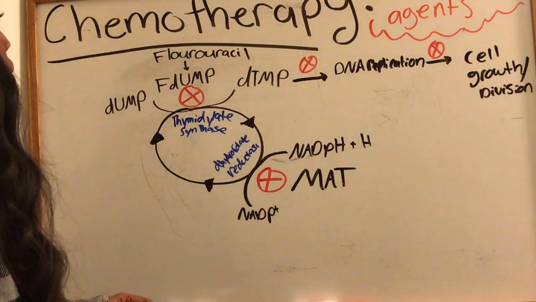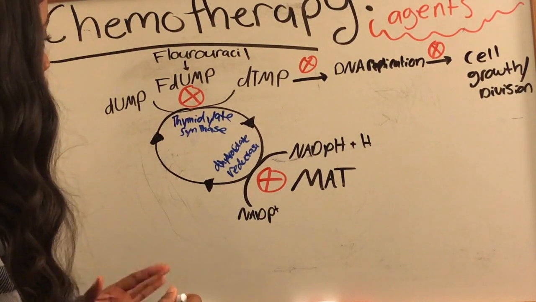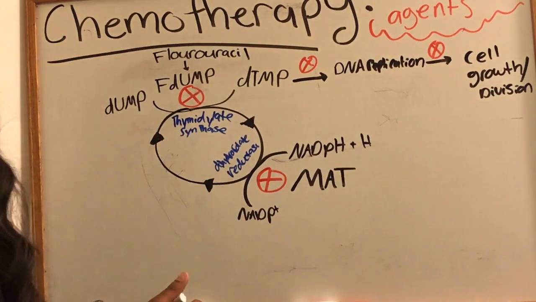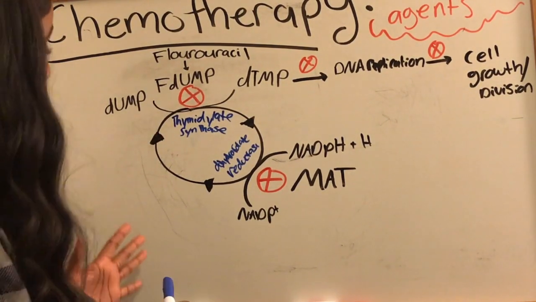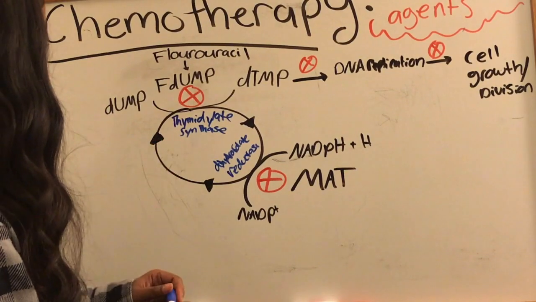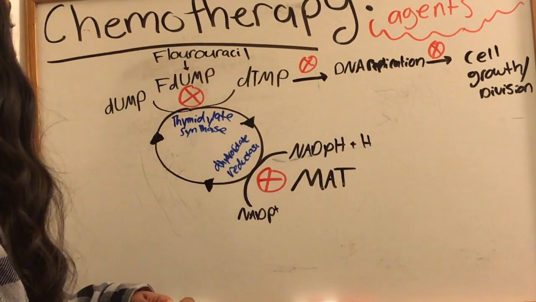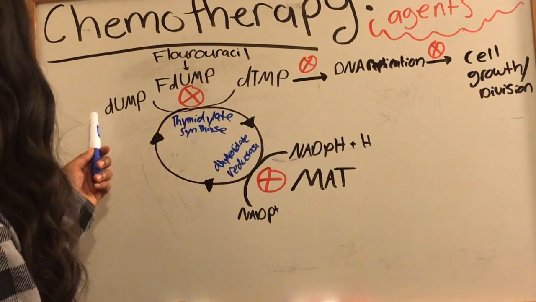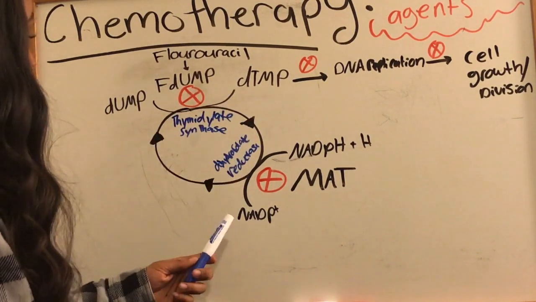So fluorouracil is recycled in our bodies via the salvage pathways and then converted to FdUMP. And then that interferes with the enzyme called thymidylate synthase, which assists in the conversion of dUMP to dTMP.